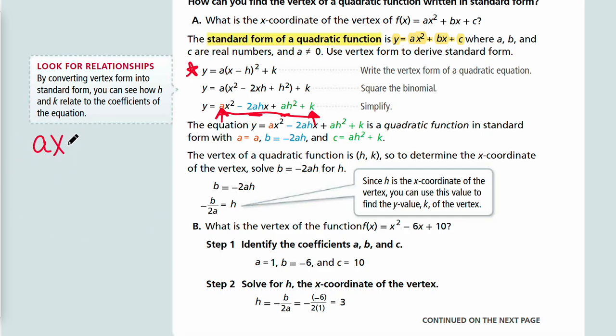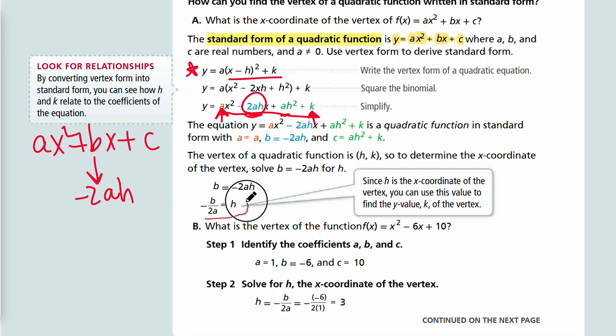So ax squared plus bx plus c is the standard form, but b here will also be the same as negative 2ah, because if we expand the vertex form, we'll get negative 2ahx. So b is equal to negative 2ah.